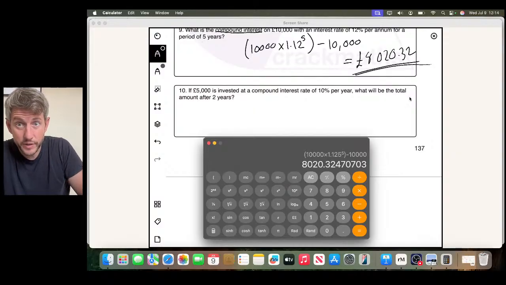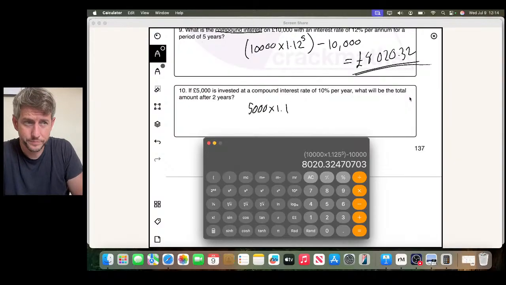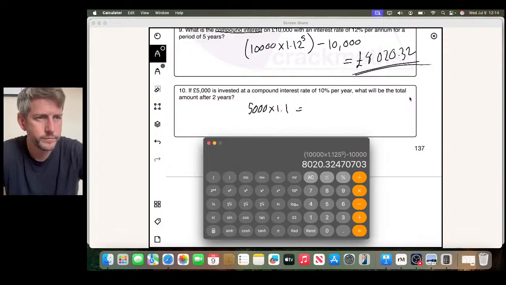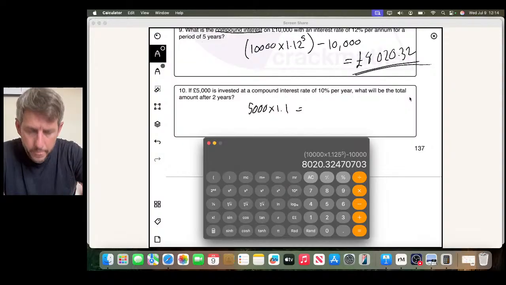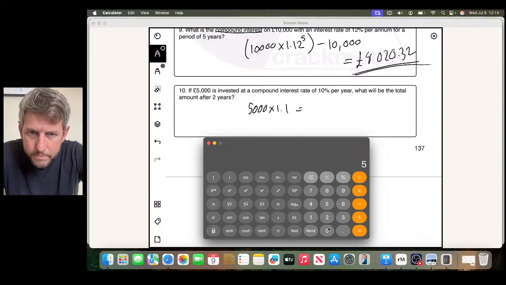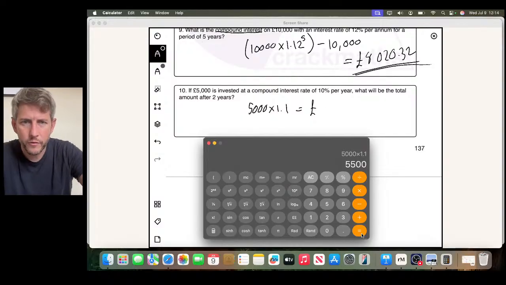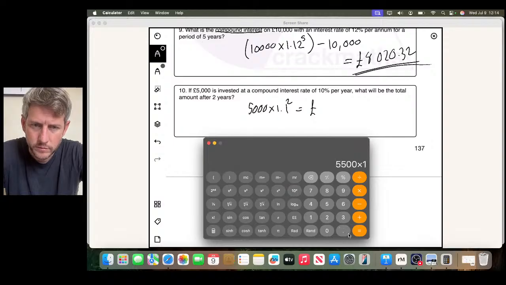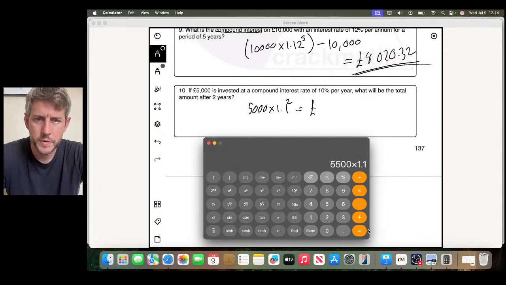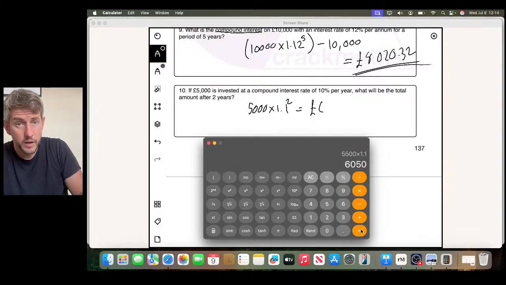So what we're going to have is 5,000 multiplied by 1.1, and then that's going to equal 5,000 times 1.1. There we go. Oh, and then I've got to do it again. So it was 2 years. There we go. That'll be 6050.